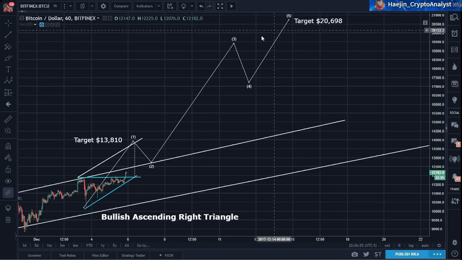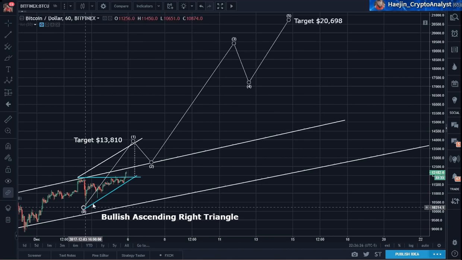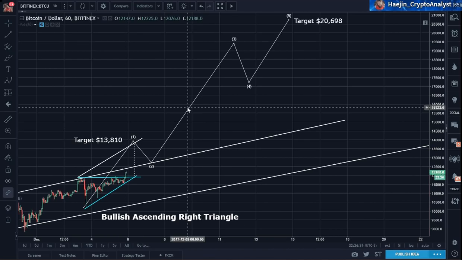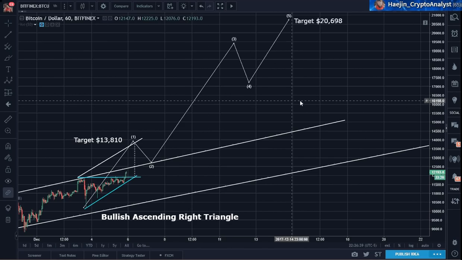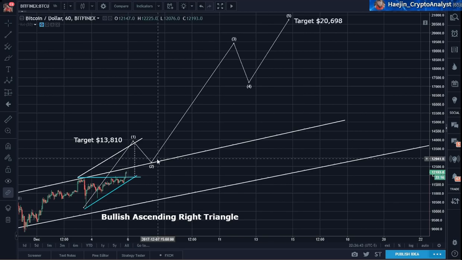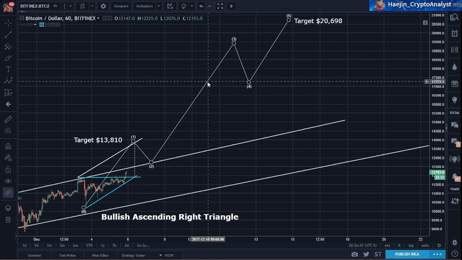Then my 3 is 2.618 the length of 1, approximately. It's not precision oriented here. I'm just eyeballing it, which is good enough for me. I don't take the time to do precision labeling anymore. It takes too much time. Then I kind of eyeball my subwaves of this.